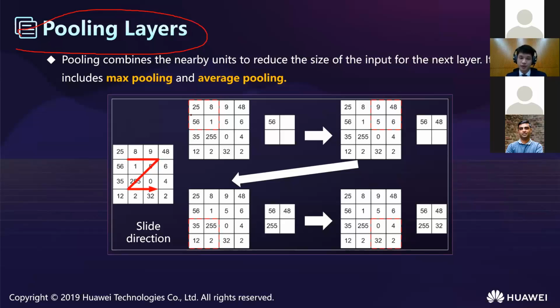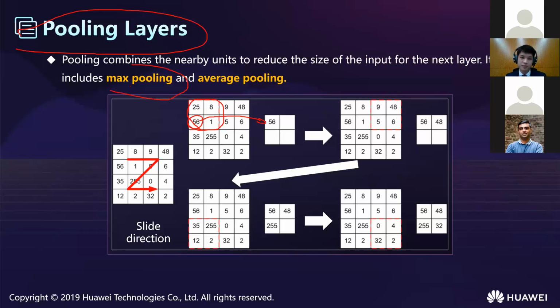Okay, and there's another type of layer called the pooling layer. So what is a pooling layer? The pooling layer only uses a window like a 2x2 matrix here and chooses the maximum value. Just like here, it's 56, and we put the 56 into the output matrix.